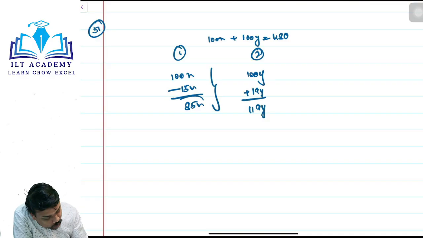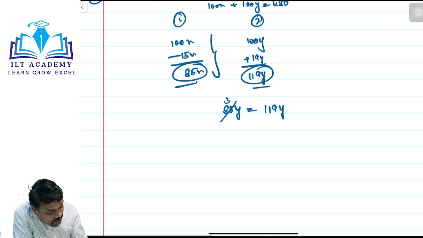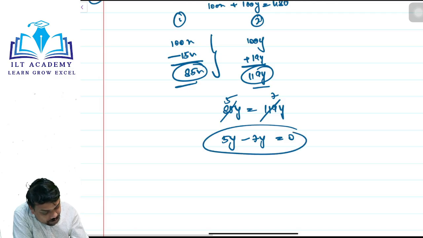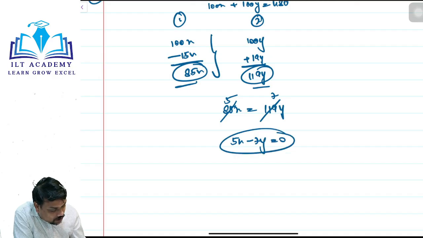They are telling that both the selling prices are equal. This is equal to this one. 85x is equal to 119y. From this we can do 17 5s are 85, 17 7s are 119. So 5x minus 7y is equal to 0.